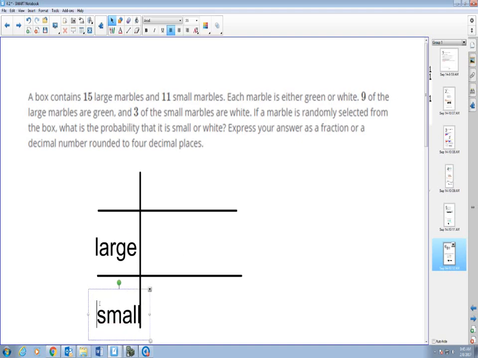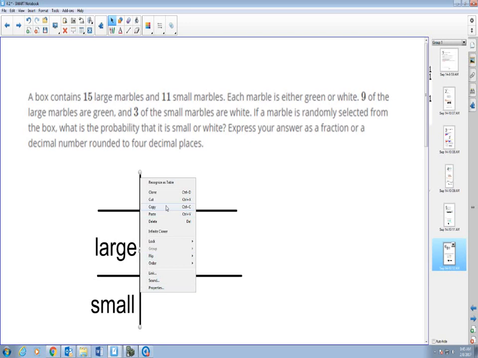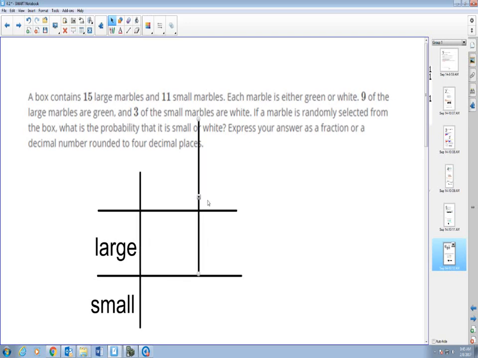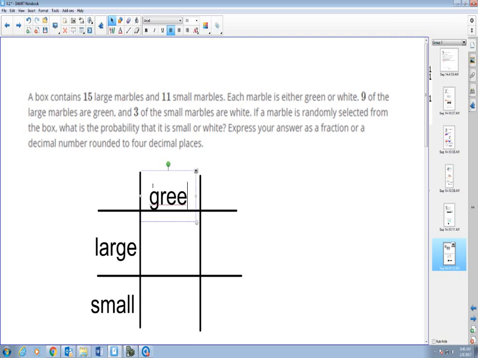Okay, that's a good start. And then it says each marble is either green or white. So I got green and the white ones.